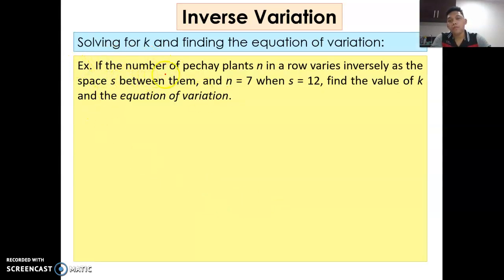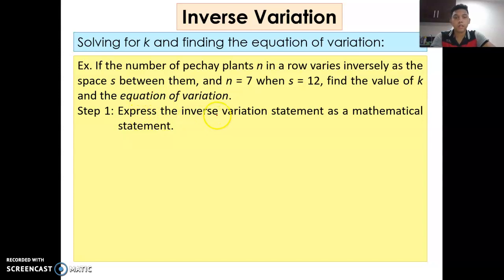For example, if the number of petchay plants n in a row varies inversely as the space s between them, and n is 7 when s is 12, find the value of k and the equation of the variation. The steps here usually go the same as with direct variation, so you can reuse those steps.